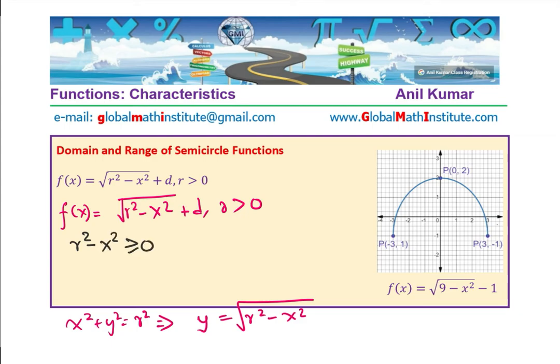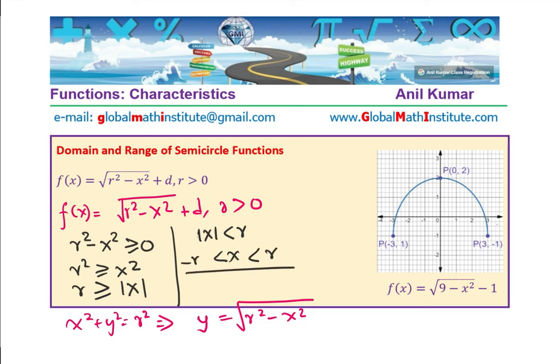It can be equal to 0. Perfect. And that means that r square is greater than or equal to x square, and that means r is greater than or equal to square root of x square, which is the absolute value of x, right? And that means that the absolute value of x is less than or equal to r, or x is greater than or equal to minus r but less than or equal to plus r. Correct. So that is how it should be.